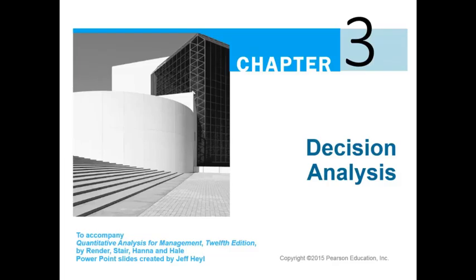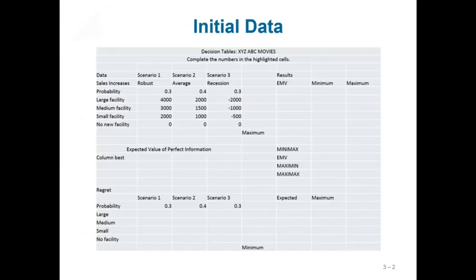But let's go ahead and start off with this problem, and I've just made up the data here, so it's not based on a real problem or a problem in the text or anything like that. Here's your initial table and what it would look like, just like what you would see in the text.